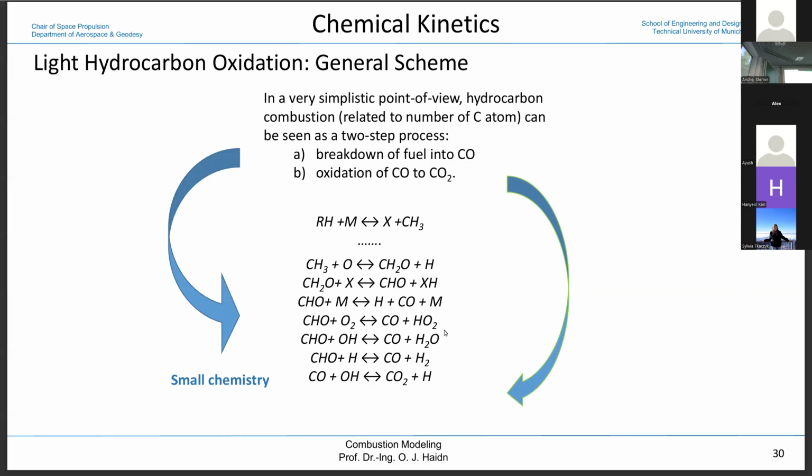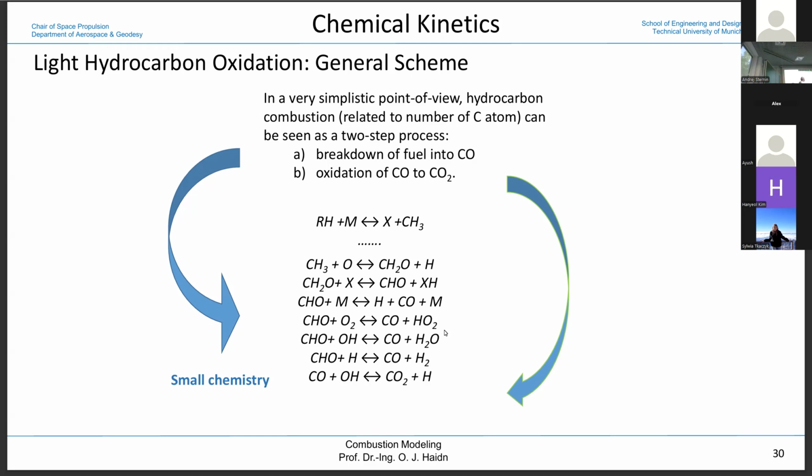If we talk about light hydrocarbons, in the case of methane, in principle what we need to generate is carbon monoxide. That's the first step of the chemical reaction, and then going into further oxidation of carbon monoxide into carbon dioxide.